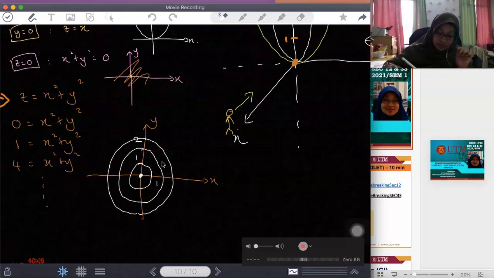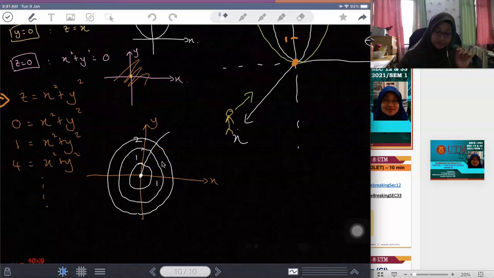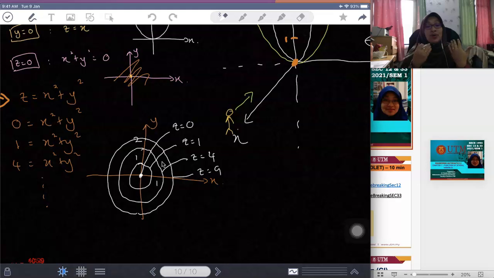So this one is z equal to 0, and this one is z equal to 1, and then z equal to 4 just now, and this one maybe 9 and so on. Once you label, I know which circle is for which z value.